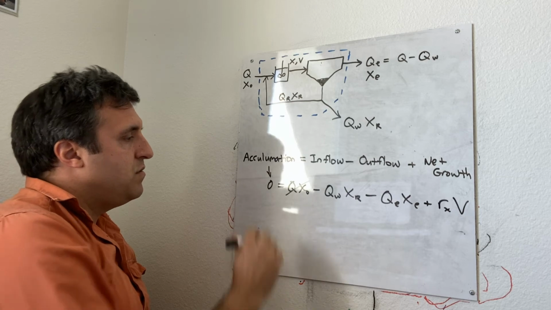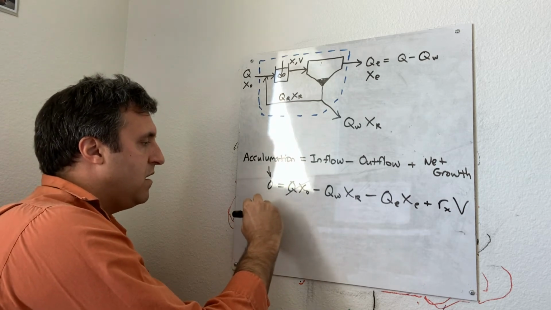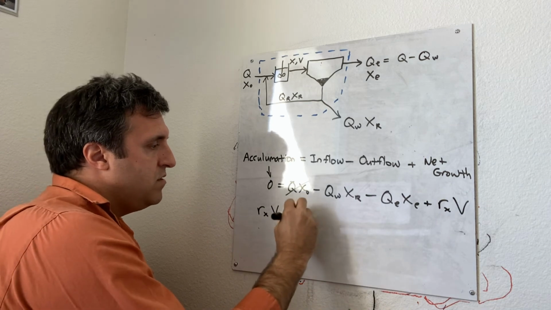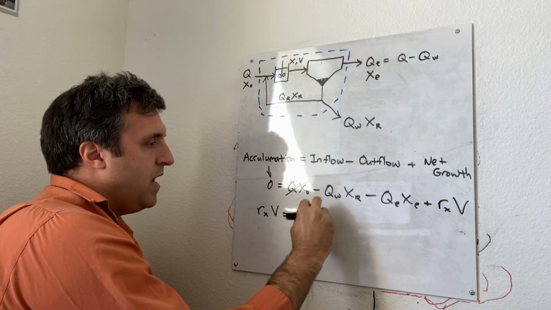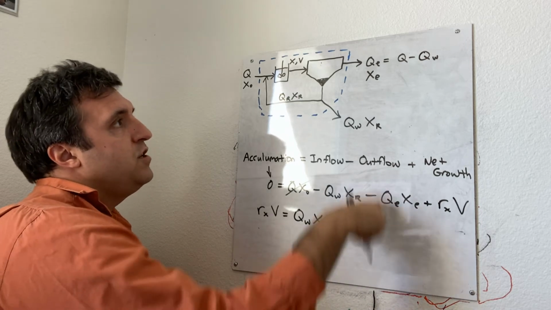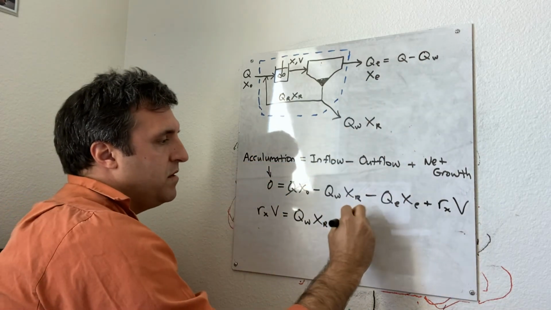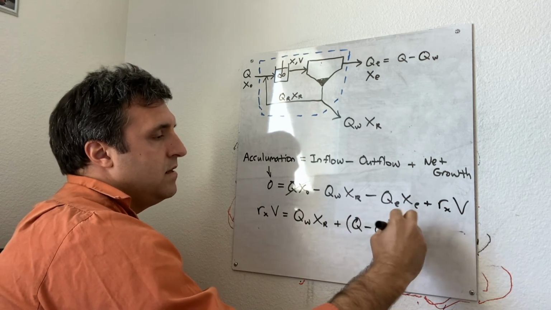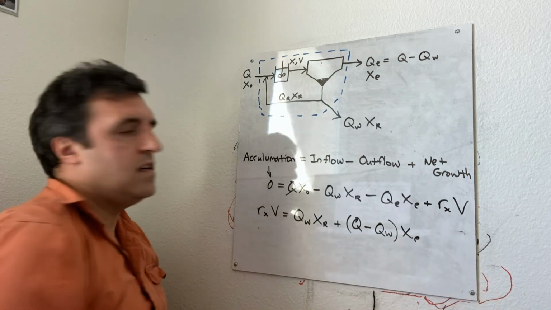That leaves us with the following equation, Rx times V, set equal to QWXR plus QE, where QE is equal to Q minus QW, times XE in the effluent.